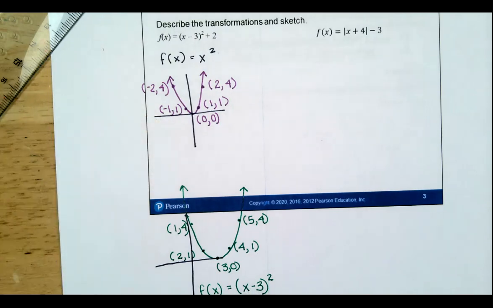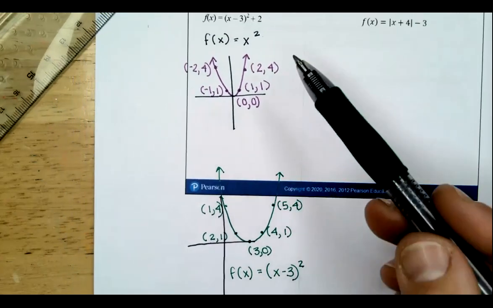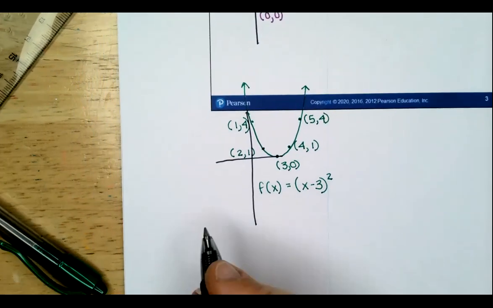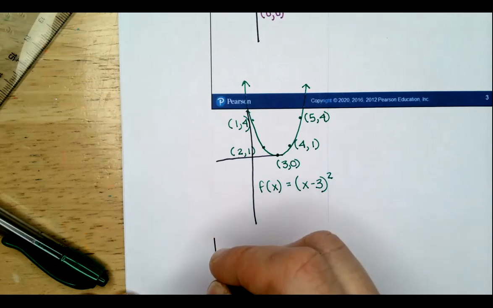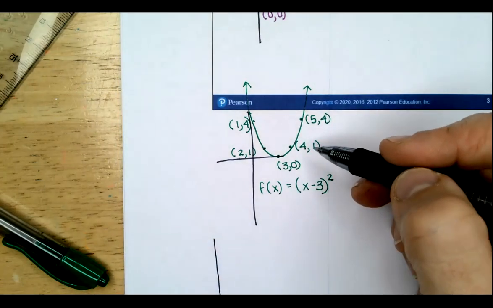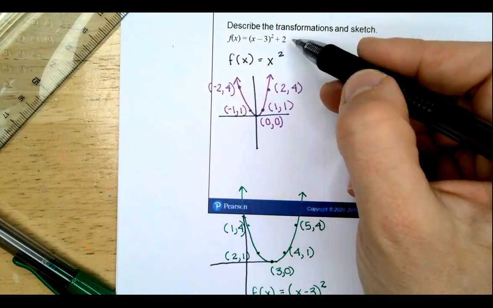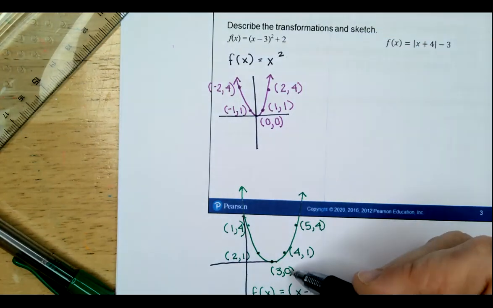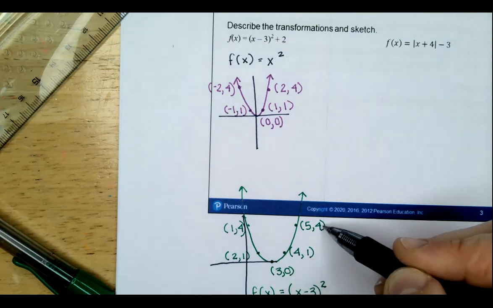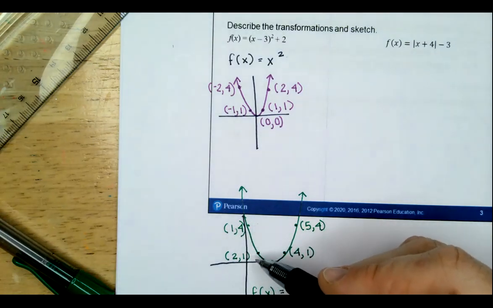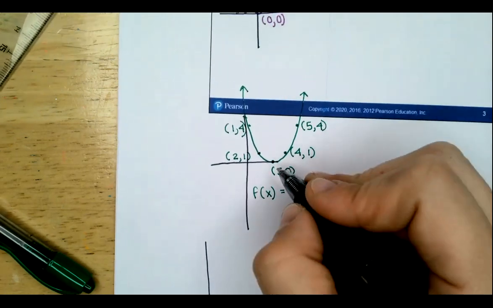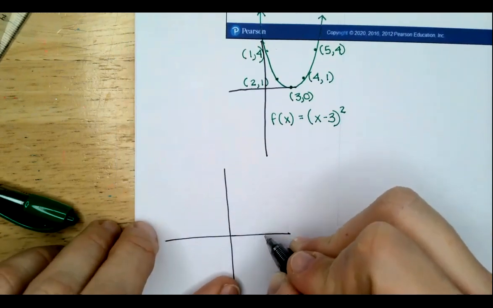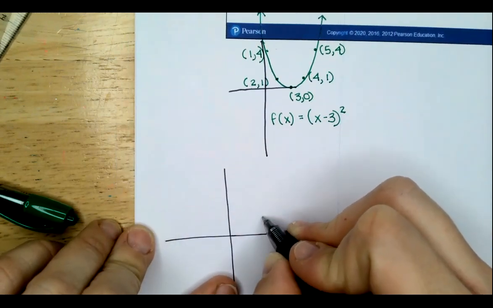Now we need to add 2. From here to here, that's the negative 3. Now what would it look like if this then got plus 2 added? What does plus 2 mean? It's quite intuitive. Plus 2 means we're going to go up on the y-axis. So instead of (3, 0), we're going to call it (3, 2).